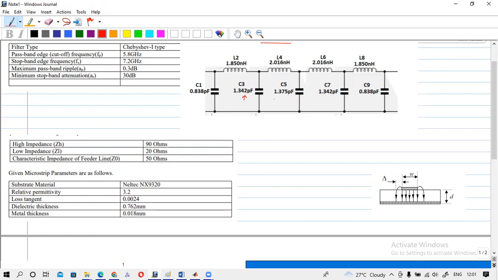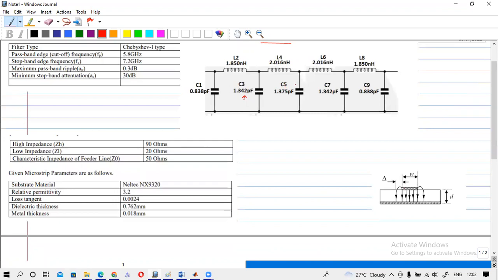We know that when the frequency is very high, this capacitance and inductance value will be very low. So practically, it is difficult to find these capacitors and inductors in the market.